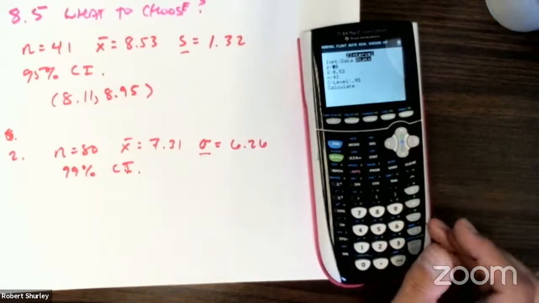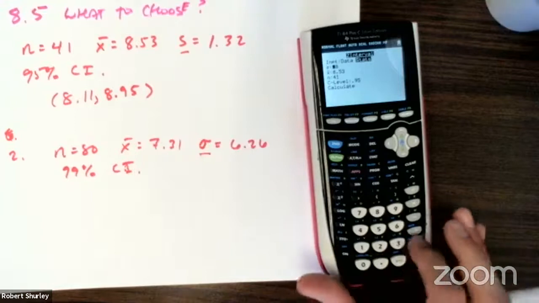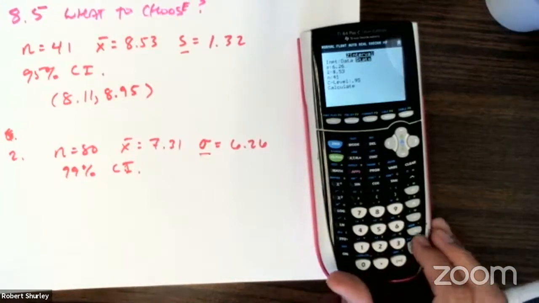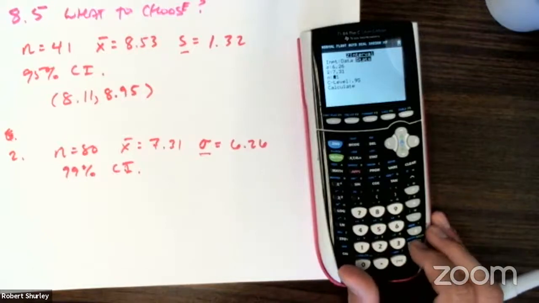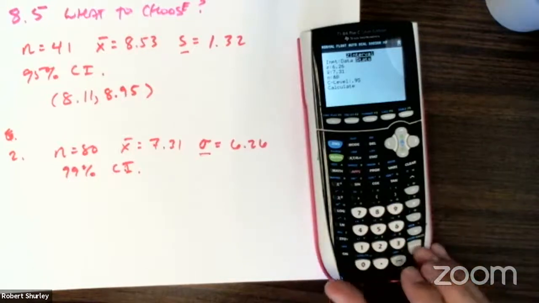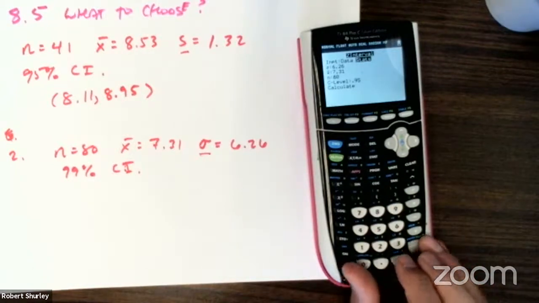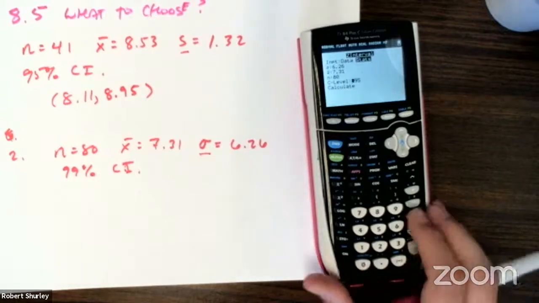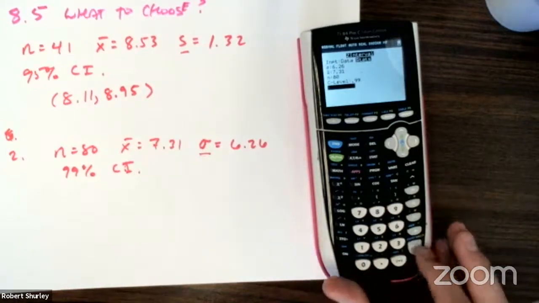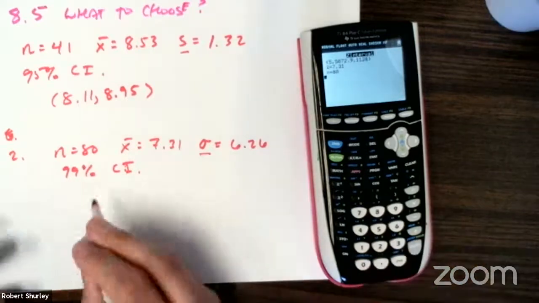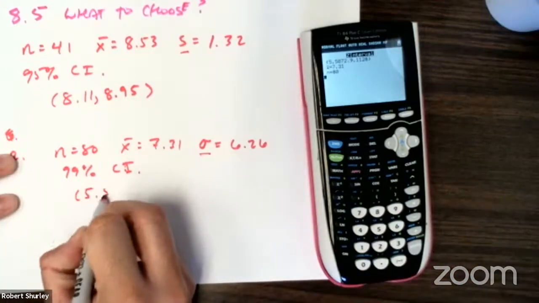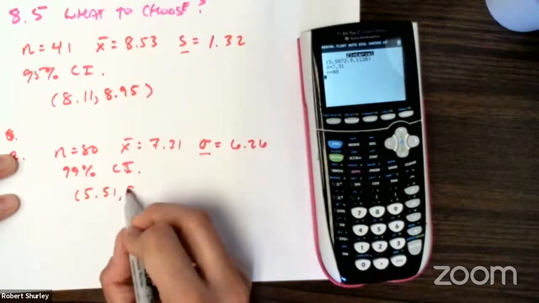Sigma is 6.26. X bar is 7.31. And n for this one is going to be 80. The question was at 99%, so 0.99. Boom, 5.51 to 9.11.